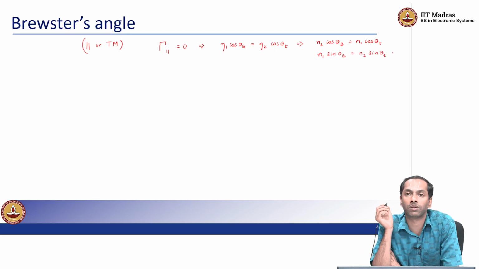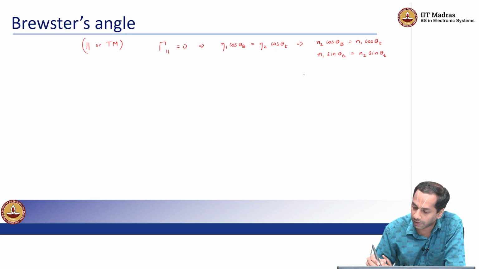We are looking for the solution for theta b that satisfies this pair of relations. Remember, one comes from the phase matching condition and the other comes from the Fresnel's relations.